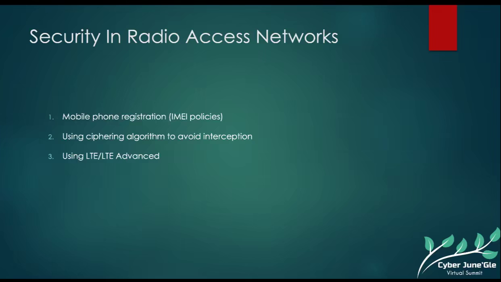In this slide, I'm going to talk about security mechanisms in radio access networks, or RAN. Mostly there are three types of security mechanisms in radio access networks. First is phone registration or any type of policy for your hardware and IMEI, which is a unique code for mobile hardware.